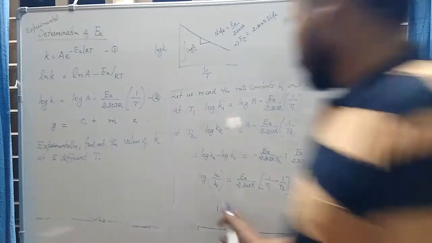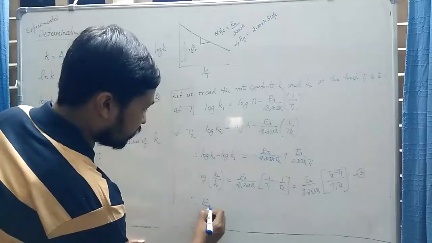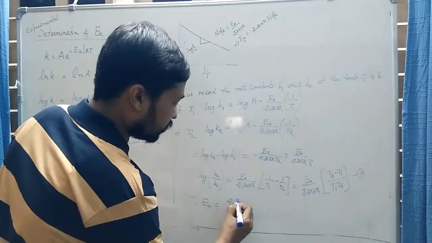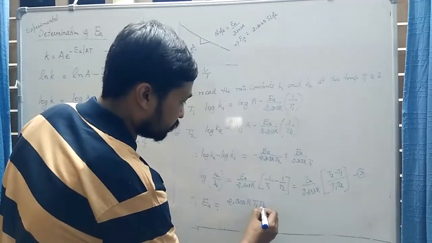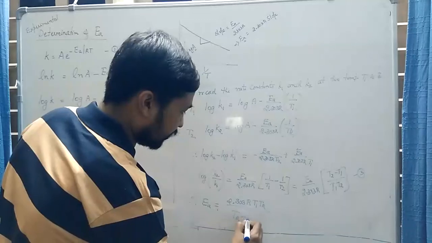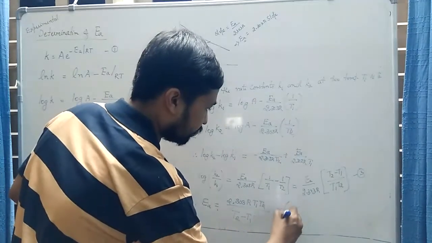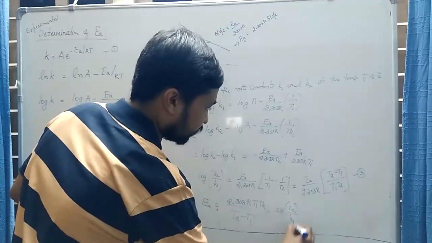So if I rearrange this equation, therefore EA is equal to 2.303 R into T1 into T2 divided by T2 minus T1 into log of K2 divided by K1.